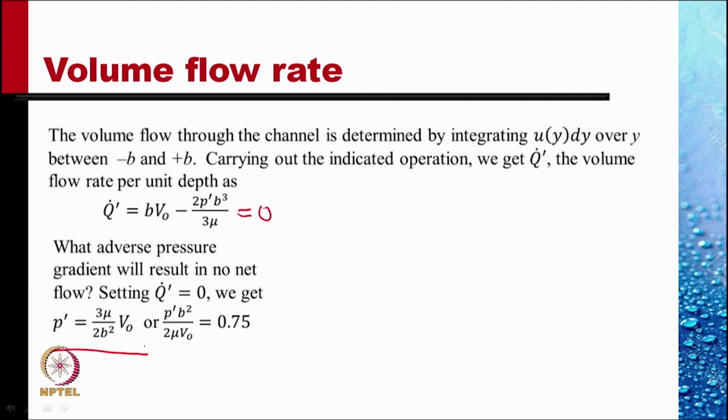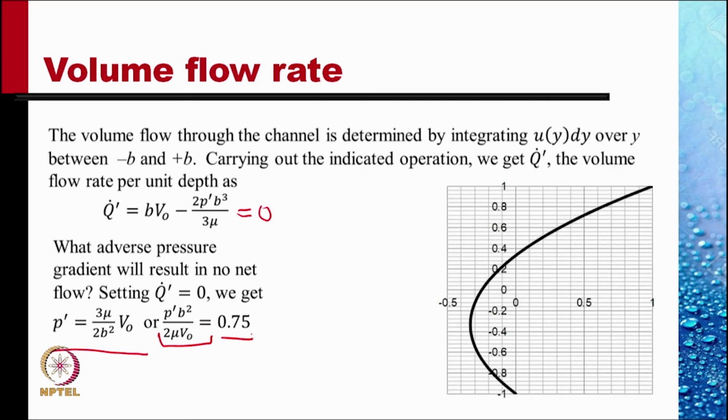A positive pressure gradient pushing the flow backwards, and this gives you the pressure parameter defined earlier as script P to be 0.75. We draw the profile. This is what we have. The flow to the right is exactly equal to the flow to the left.